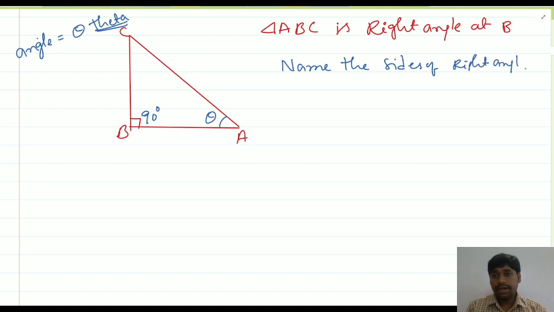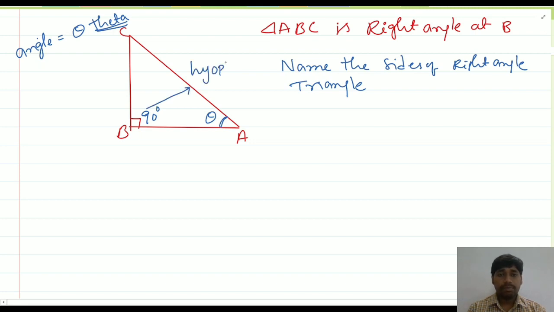The side which is opposite to the right angle is called the hypotenuse. So this AC is called the hypotenuse.